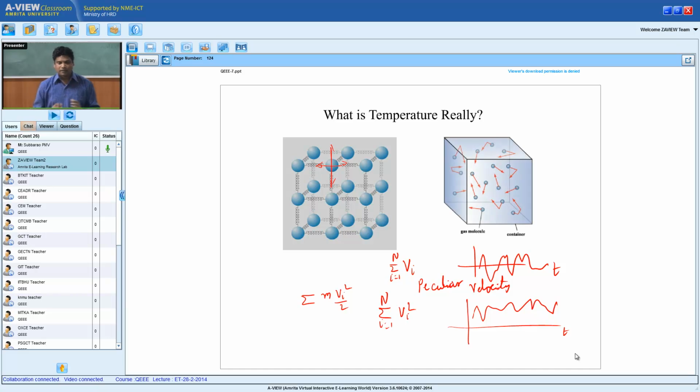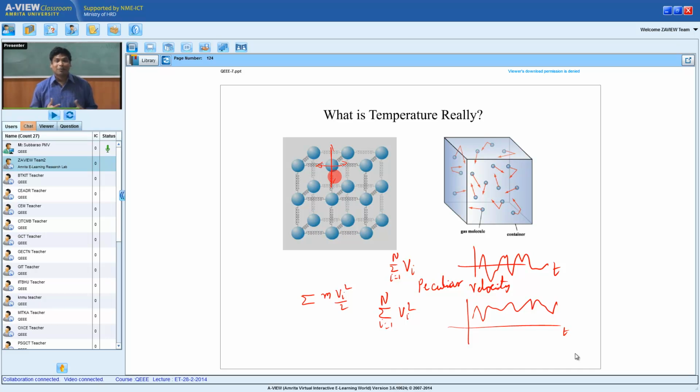You know that in a solid, the molecules are arranged in a crystalline form at specific points. So whenever I increase the temperature, this particular molecule or atom, depending on the kind of solid, will try to oscillate about a mean position. The higher the temperature, the more the amplitude of the molecule.